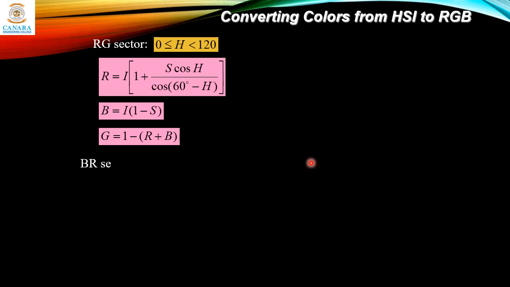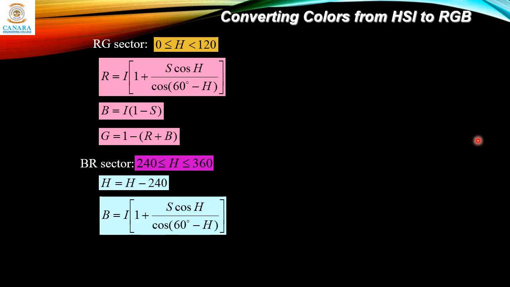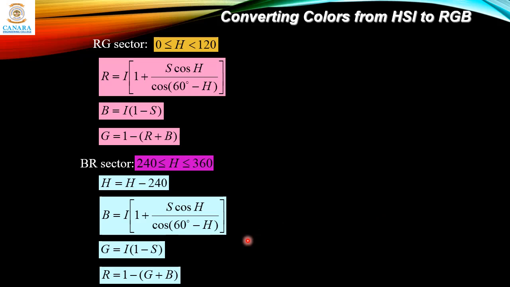Next, for the BR sector, which is when the H value falls between 240 and 360 degrees, H is equal to H minus 240, and B is equal to I into 1 plus S cos H by cos of 60 degrees minus H. G is equal to I into 1 minus S, and R is equal to 1 minus (G plus B).